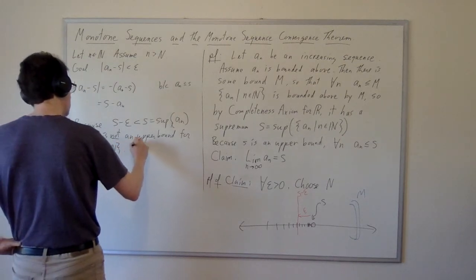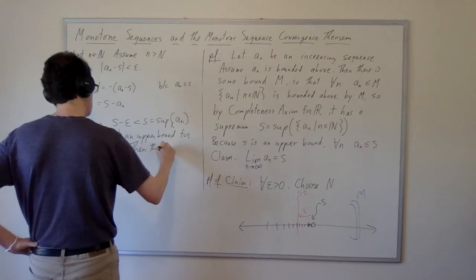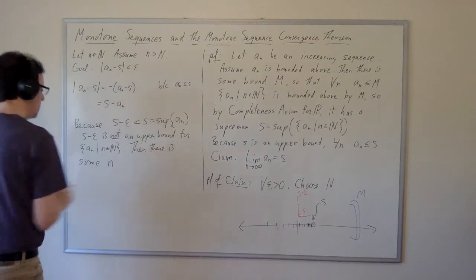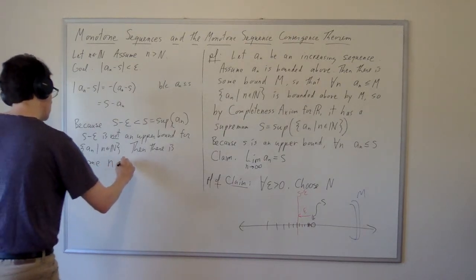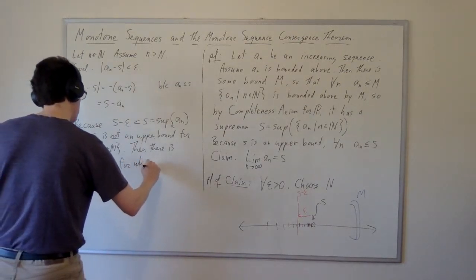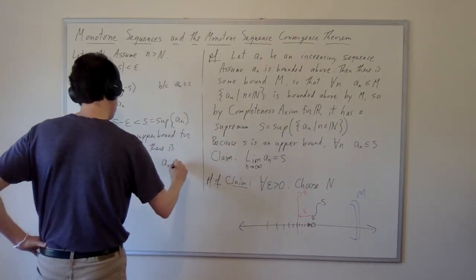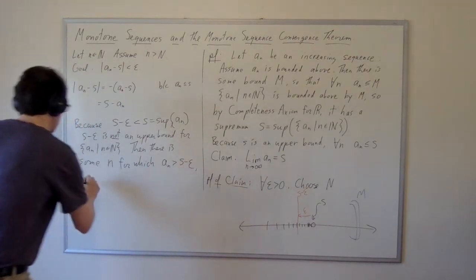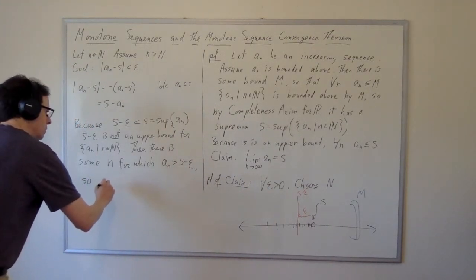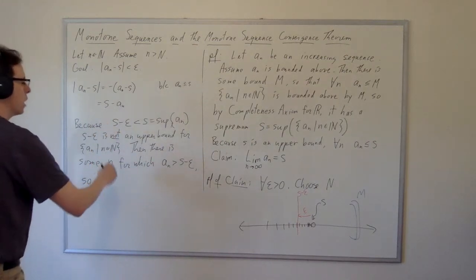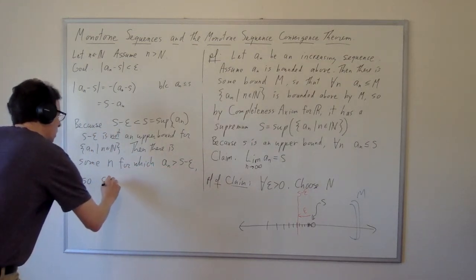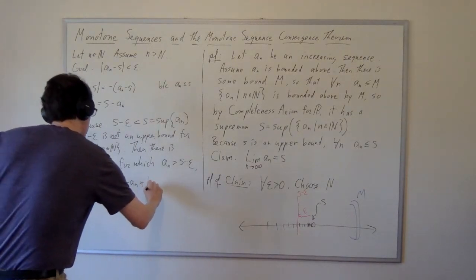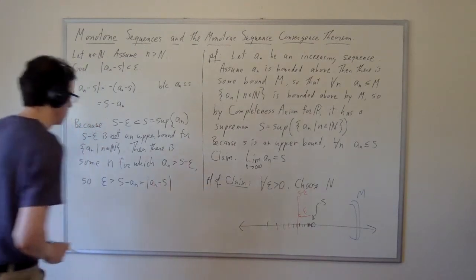And so then there is some n for which an exceeds s minus epsilon. And for that n, let's see, I want to say s minus an. So epsilon is greater than s minus an, which is equal to the absolute value of an minus s.